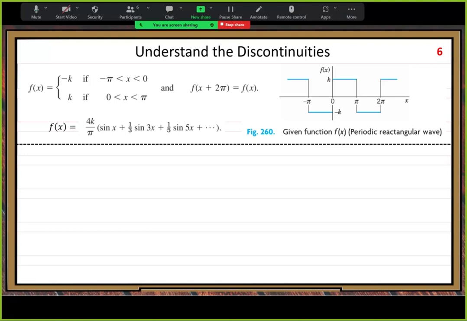Next, understand the discontinuity. This time, let us focus on these points with discontinuities. At these discontinuities, what are the values of the Fourier series? This is the Fourier series.